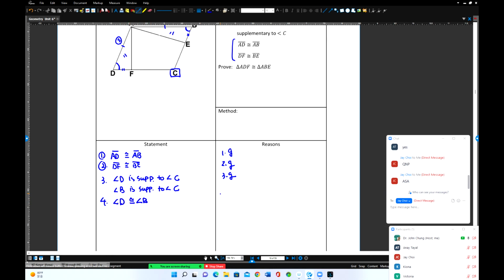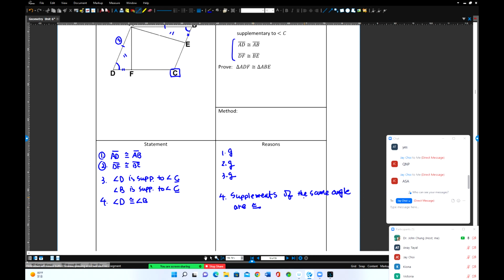What's the reason? The reason is a little bit different. Before, it was supplements of congruent angles, but this is not congruent; they are equal, the same angle. So the reason is supplements of the same angle are congruent.